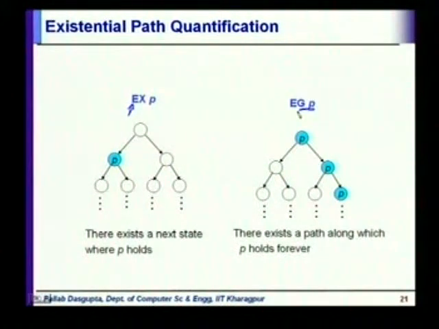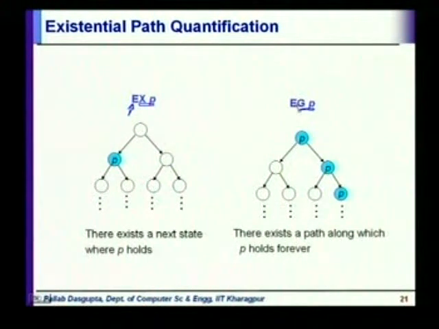Now note, what we are doing essentially is taking a path property and prefixing it by a quantifier, right. So the path property is XP, we are prefixing it by E. In the previous cases we were prefixing it by A, right. And if we say E of some path property, we effectively want that it should be satisfied on some path.